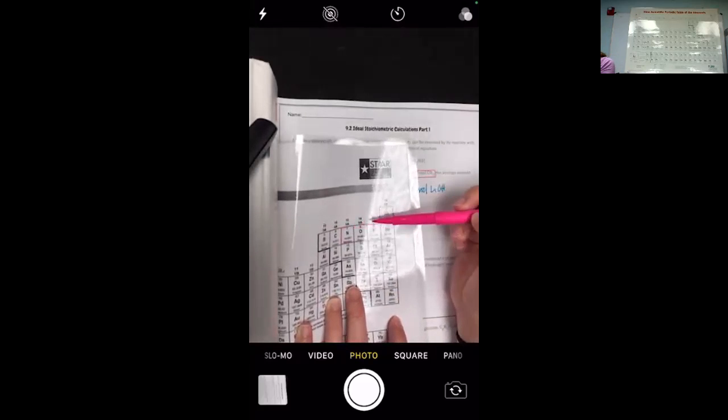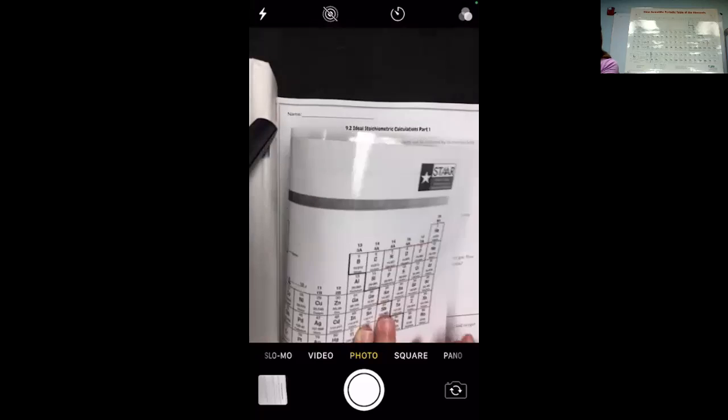So it's hydrogen and then nitrogen, oxygen, fluorine, chlorine, bromine, iodine. Those are all your diatomic elements. So I have lithium and oxygen that react and form lithium oxide, Li2O.